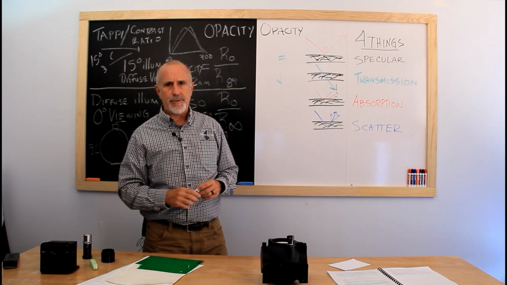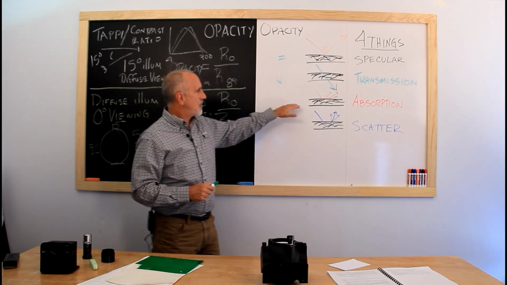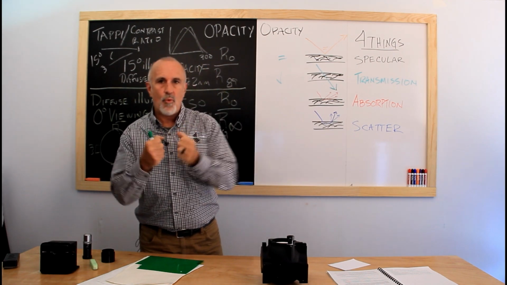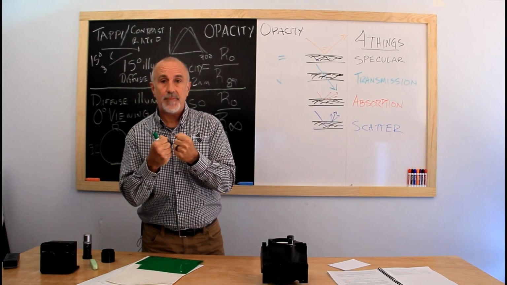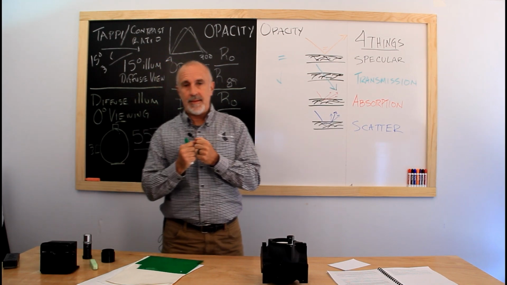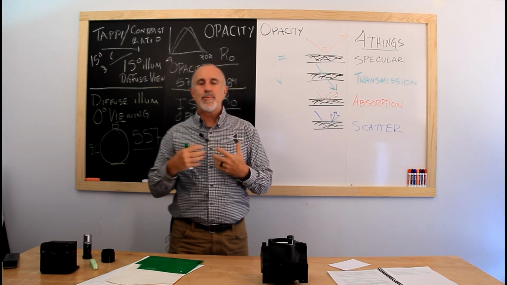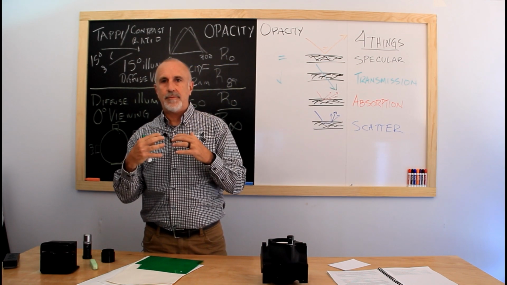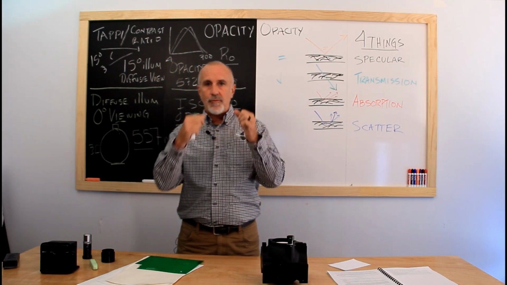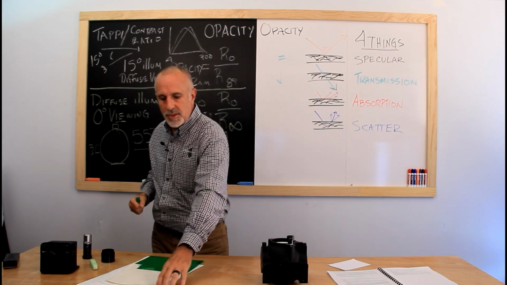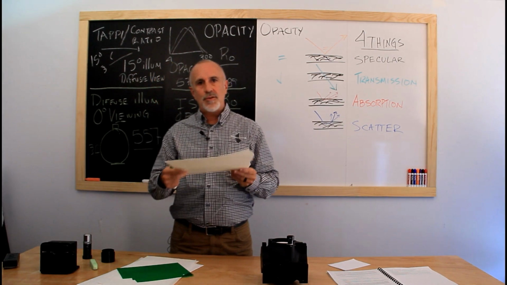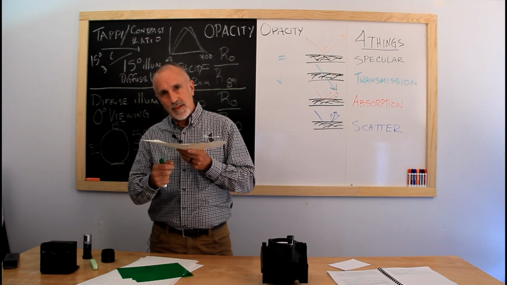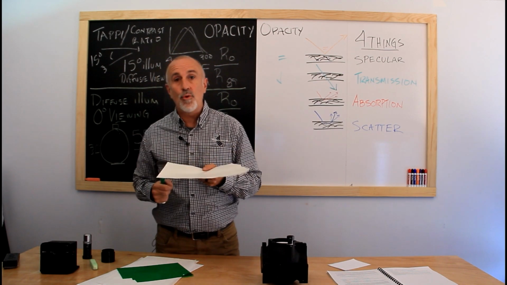Now, what about absorption? If I do something to cause my sheet to absorb more light energy, say I put a dye in it. Dyes by nature absorb light. They are going to take light out. So dyes absorb energy, which means there's less energy available to pass through the sheet, so the sheet becomes more opaque.